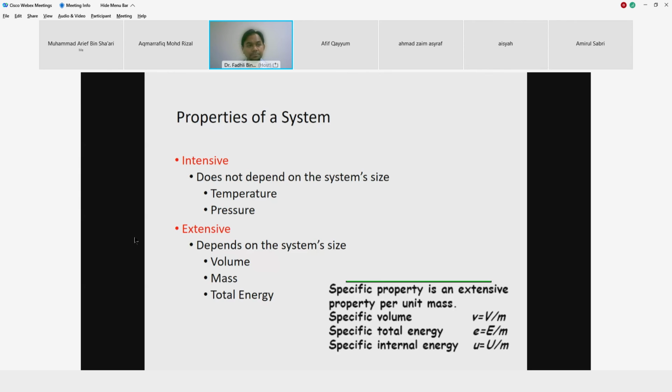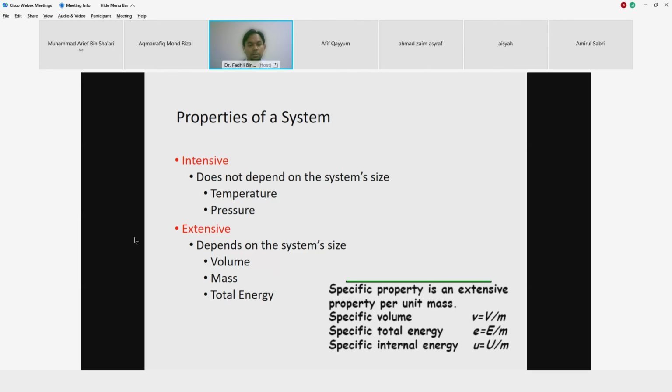Same for pressure. If we make our room smaller, the pressure is still 1 atm, 1 atmospheric pressure. So pressure is in the intensive category. It does not depend on the size of the system. But for the volume, mass, and total energy, they depend on the system size.